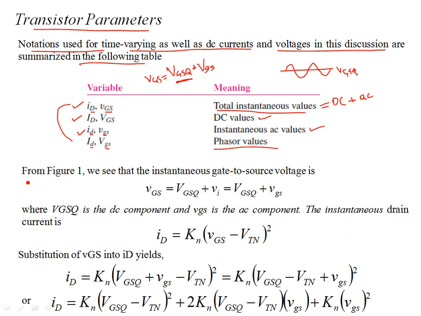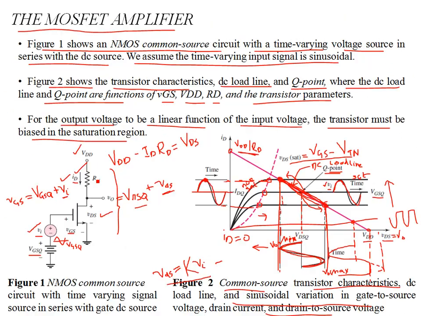Now from figure 1, let's use these notations in describing the small signal model. Keep in mind that small letters with small subscripts denote AC values, and large letters with large subscripts denote DC values. Figure 1 shows an NMOS transistor, and we are interested in the small signal operation of this device.